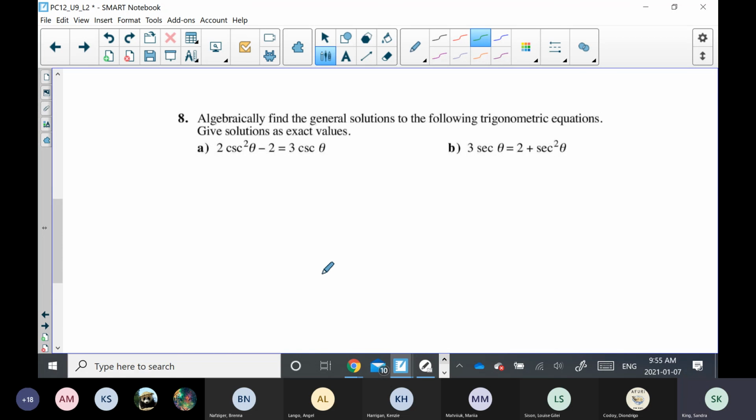The only thing I want to do for this one is it says algebraically find the general solution. So that means we're going to be factoring. Whenever we have a squared, remember you want to bring everything to one side, and you always go to the side where the squared will be positive. So in this example, I need you to bring this to the left.